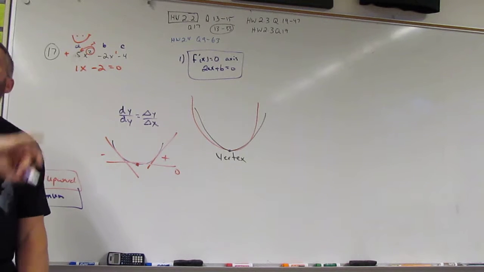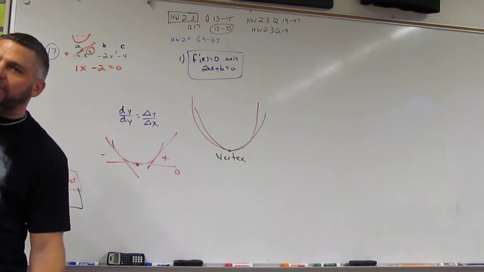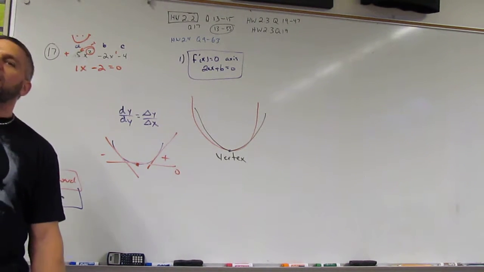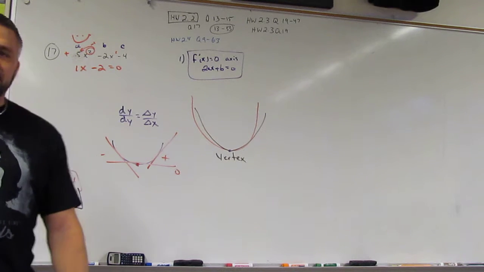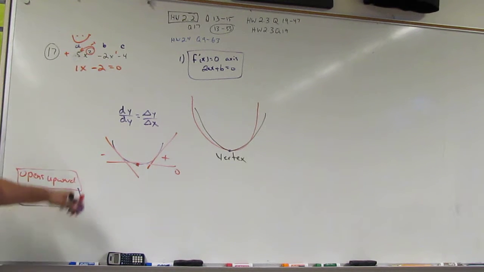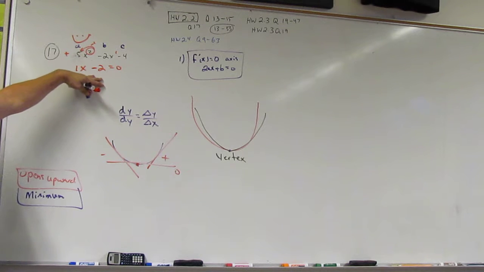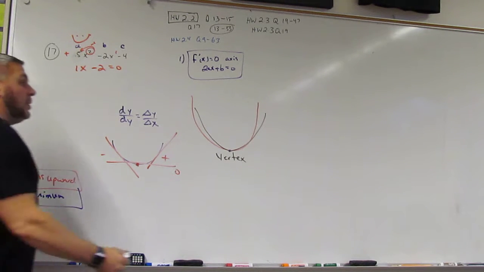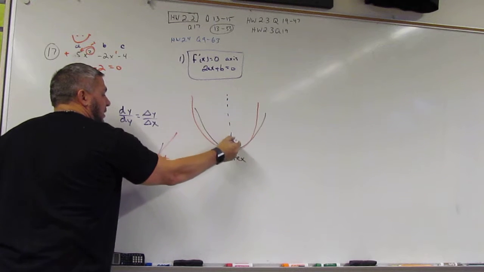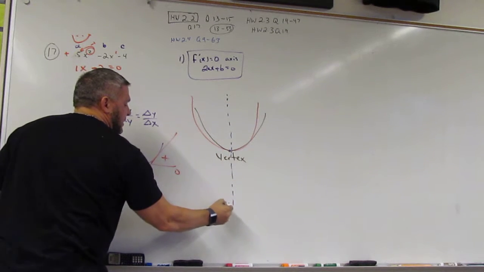If it were to open downward, then we would be talking about a maximum. But the only thing this solves for is x. All it solves for is x. It doesn't tell you y. So the only thing it's solving for is the x equals.